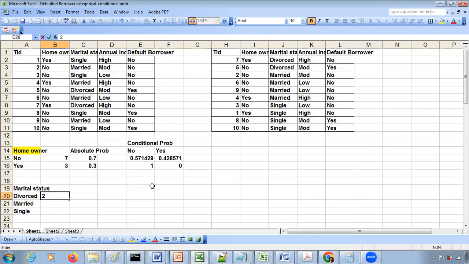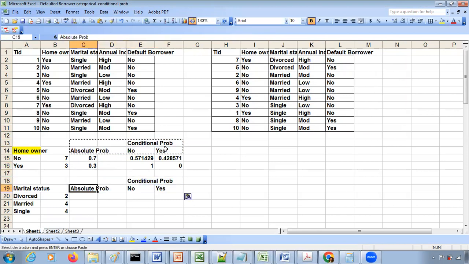So 2 belong to divorced, 4 for married, and 4 for single. So the absolute probabilities: 2/10 belong to divorced, 4/10 belong to married, and 4/10 belong to single.